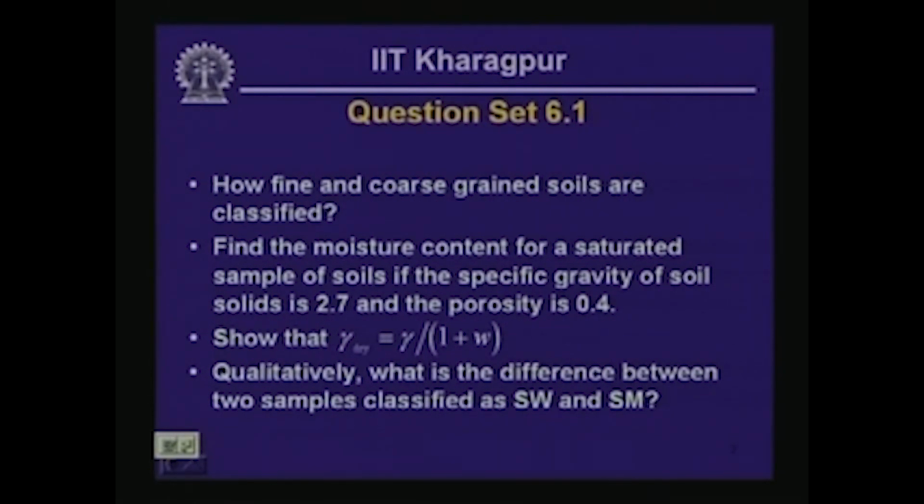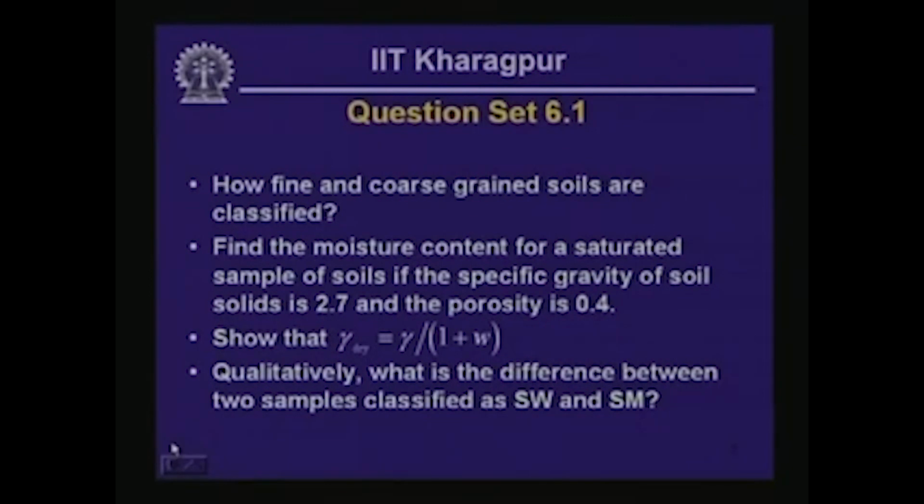So, basically classification of fine grained soils and coarse grained soils have to consider the fact that the behavior of these soils is primarily governed by plasticity and grain interlocking or grain size respectively.